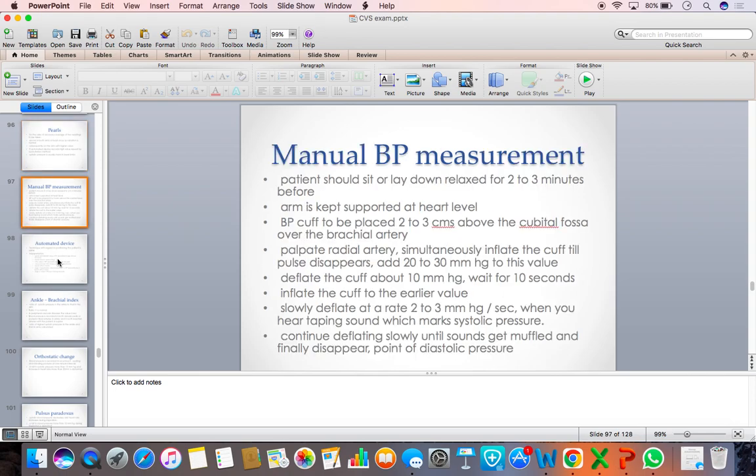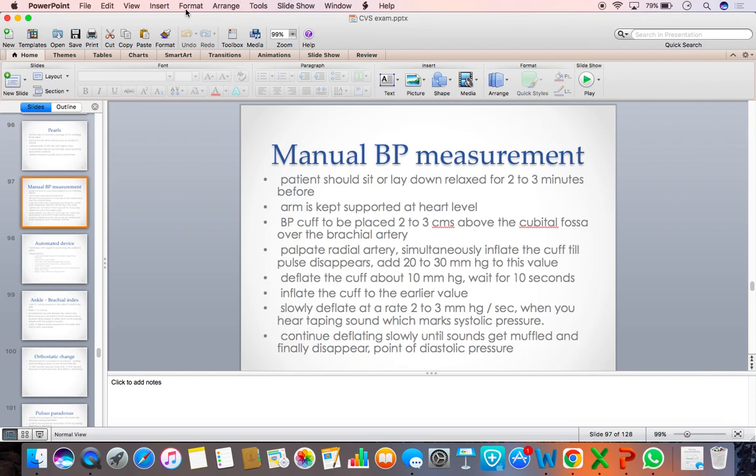Then next, how do you go ahead with the manual blood pressure measurement? Keep the patient seated or lying down, well relaxed, 2 to 3 minutes before you measure the blood pressure.